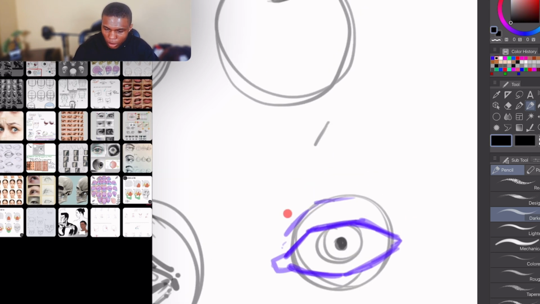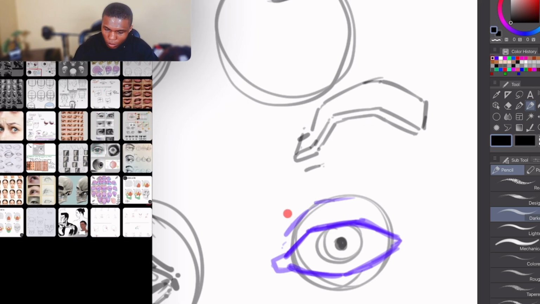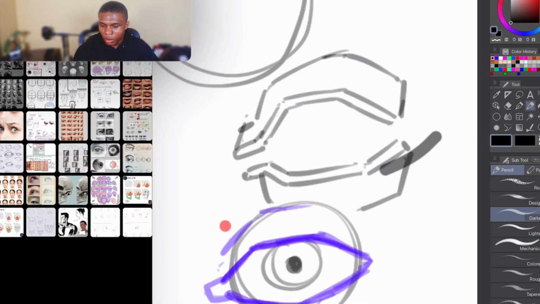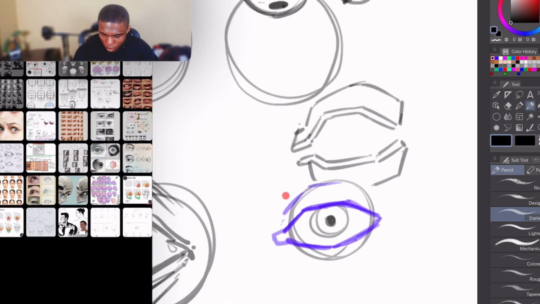So it's something like this, essentially, and they open and close.